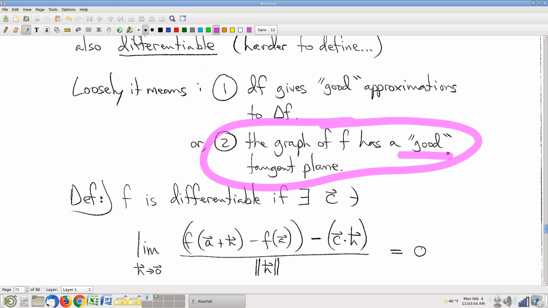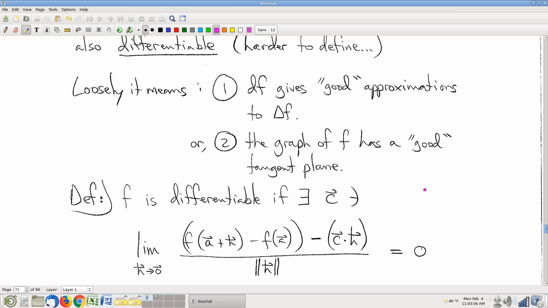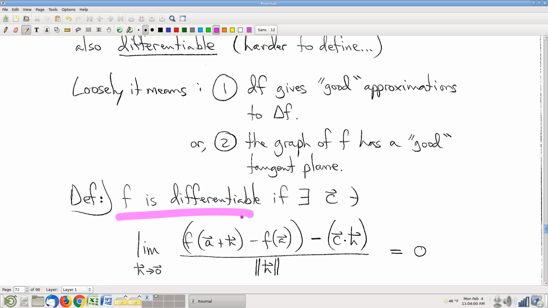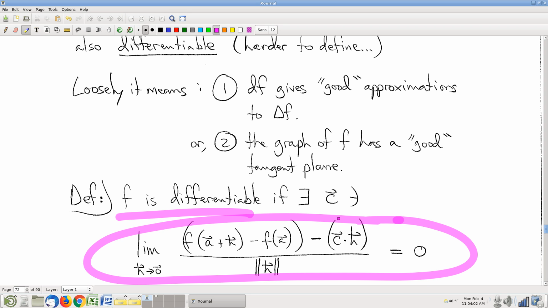But anyway, here's how you write down these loose statements. We say a function's differentiable if there exists a vector c, which you stick here in this equation, and note that this is a multivariable limit. If you can find a c that makes this limit equal to 0, multivariable limit, cannot emphasize enough, then the function's differentiable.